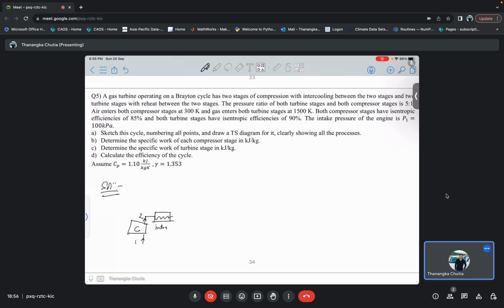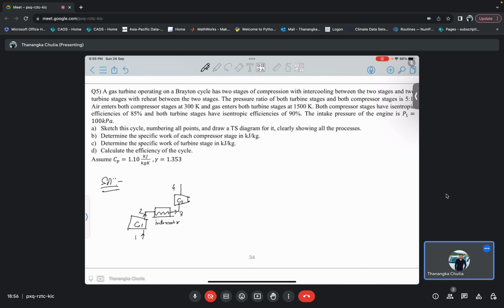Intercooler, so it cools down. After that compression, it is cooled back down to the original temperature and again it is getting compressed. So 2 to 3 is basically a cooling process, and then 3 to 4 once again is a compression process. So this is compression 1, this is compression 2.